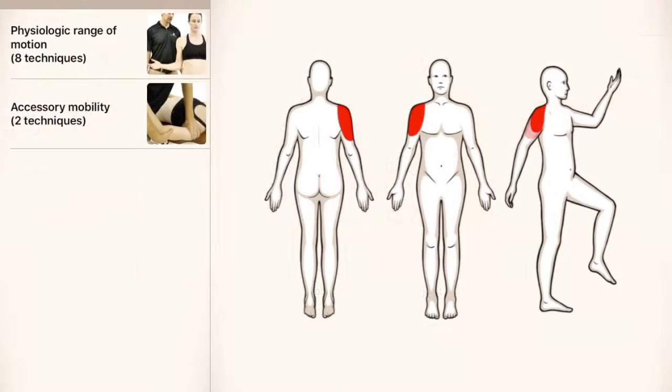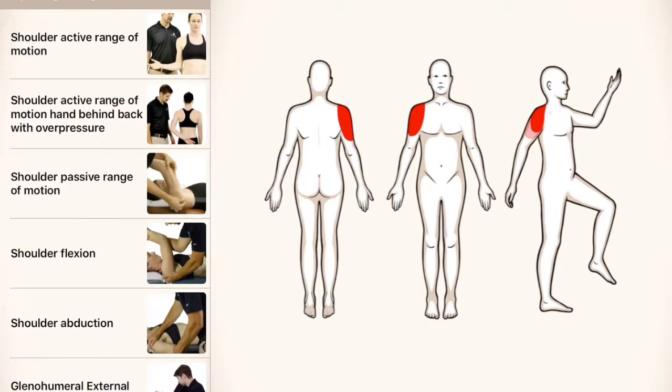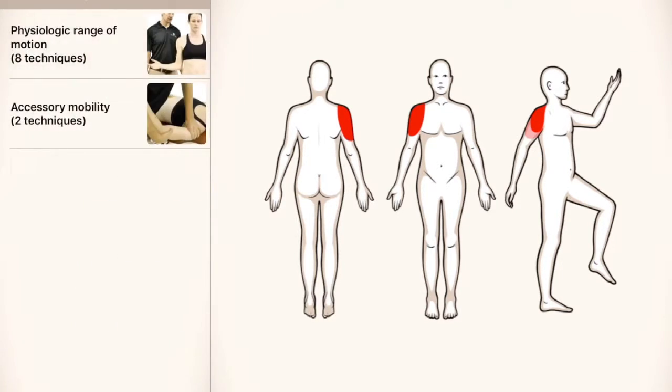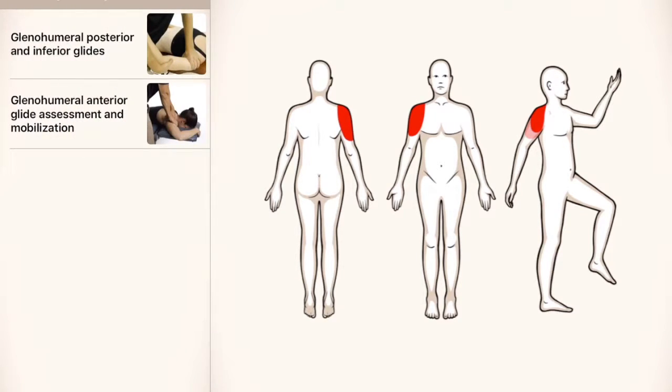And when you go in to do your assessment, your standard physiologic active range of motion, and you can see all of those videos there. Your accessory mobility is the primary examination for mobility deficits.